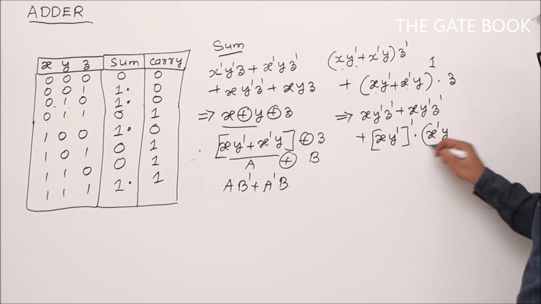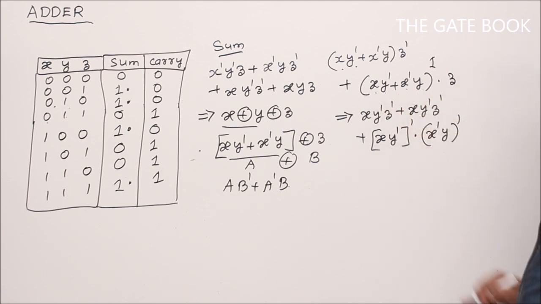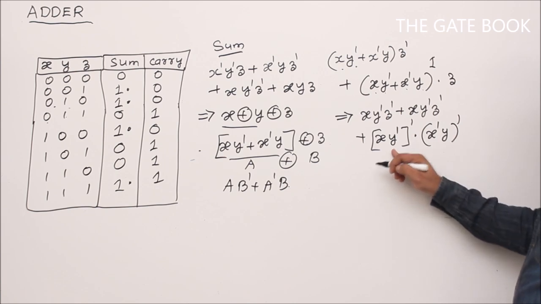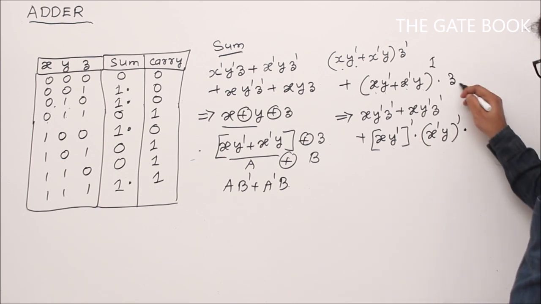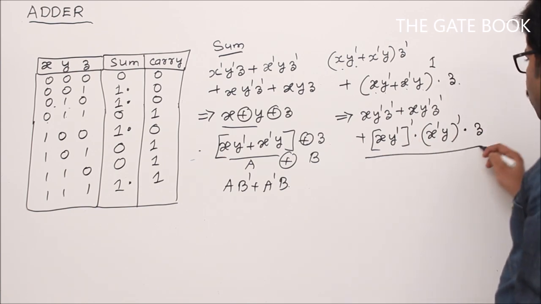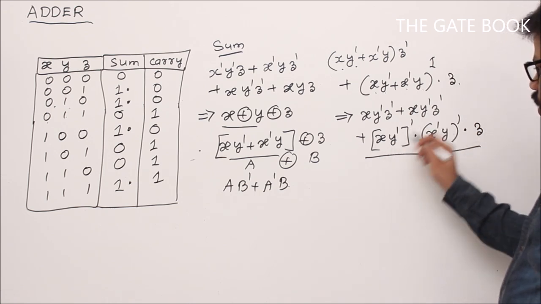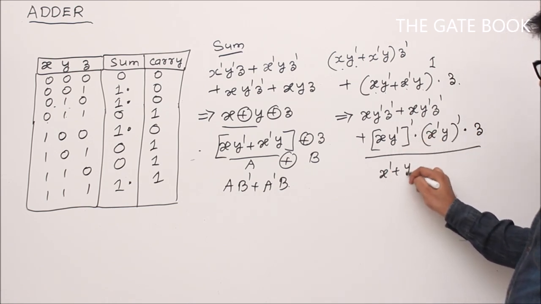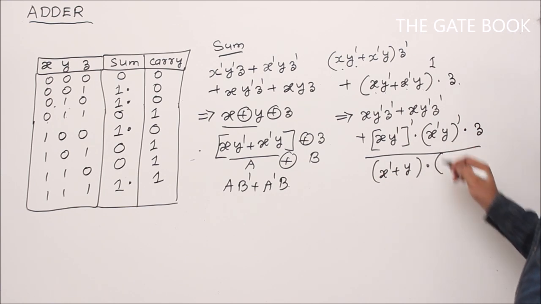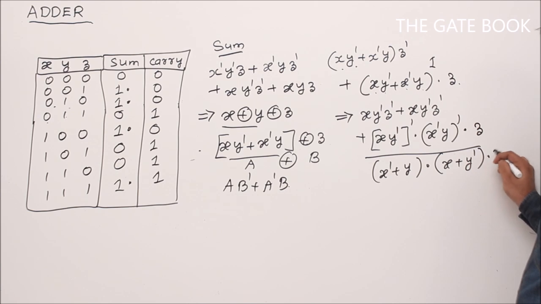So a plus b whole bar is a bar into b bar, into z. Let me simplify this part first. X y bar whole bar is nothing but x bar plus y, and x bar y whole bar is x plus y bar, into z.